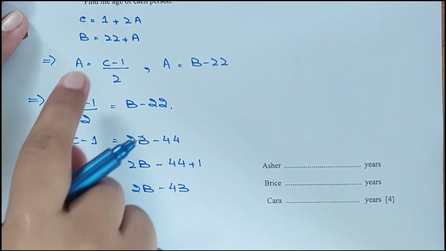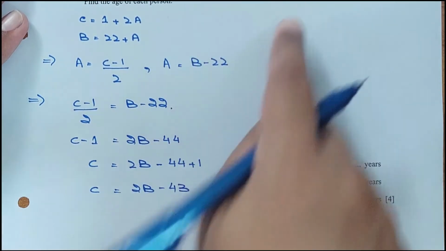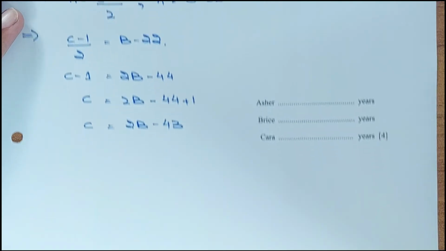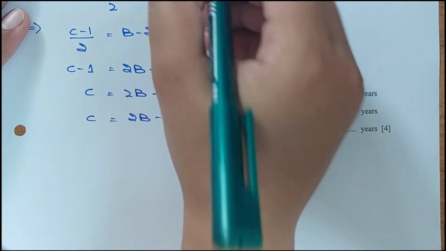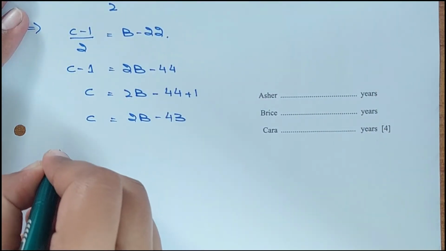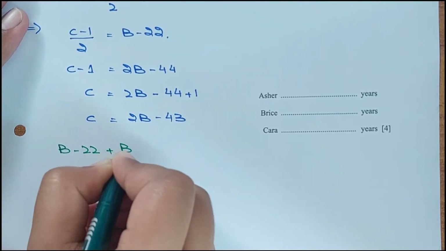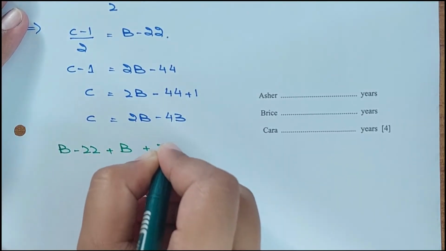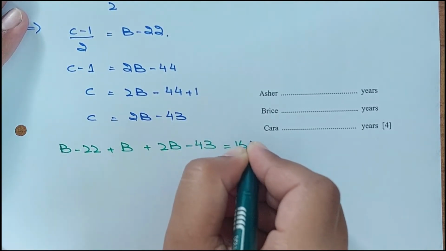We have C in terms of B, we have A in terms of B. Substitute into the total equation. A value is B minus 22, B is the same, and C is 2B minus 43, and this sum is 167.